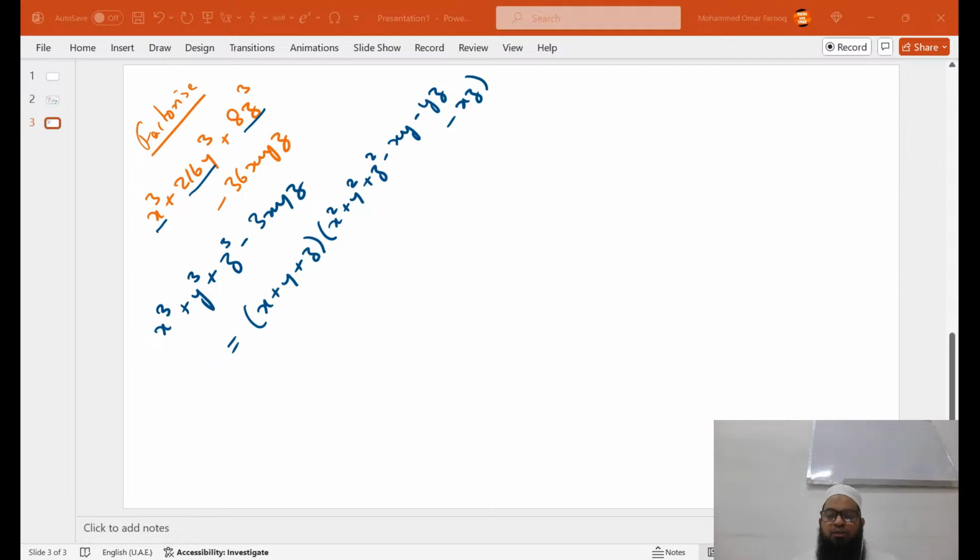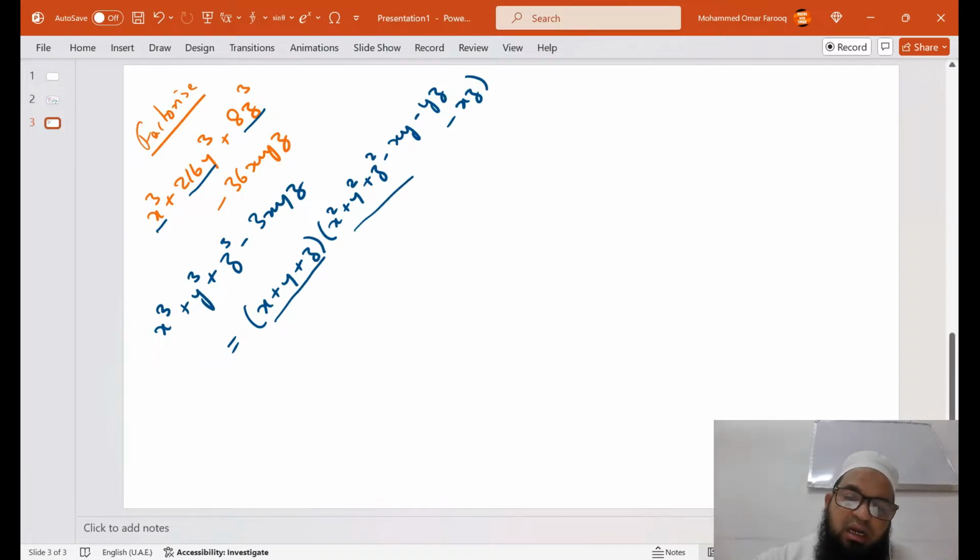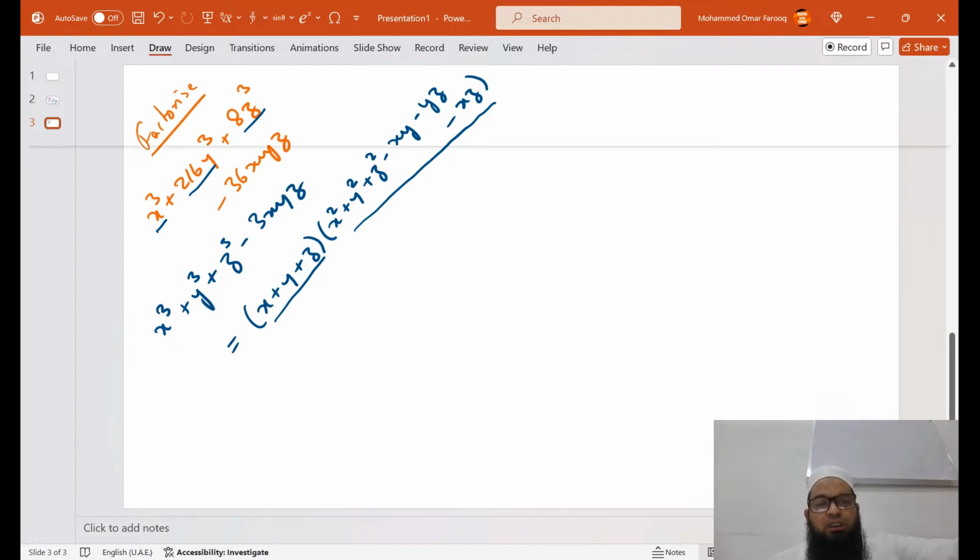Understood, my dear students? So now see, factorize means what? You have to write it as a product of two expressions. This is the first expression and this is the second expression. Understood? So now we have to equate and verify the terms.